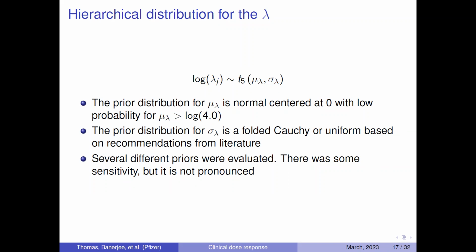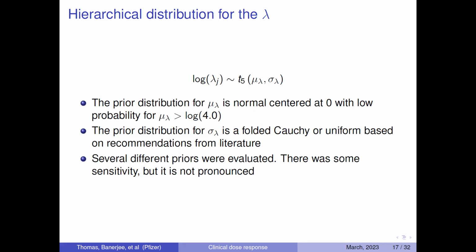And we're going to have a low probability that mu is greater than the log of 4. So for the median power parameter on the original scale, we're saying anything above 4 would be very unlikely. And in fact, that's quite conservative. It's a pretty diffuse prior over the relevant range.